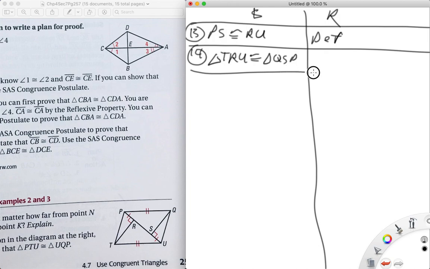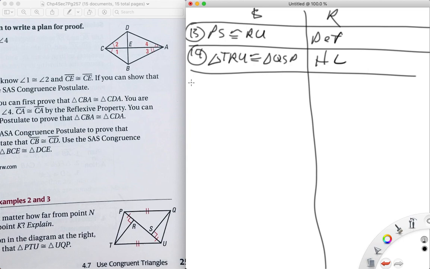And I can say that because of hypotenuse leg. This is 90 degrees, we proved that. This is 90 degrees, we proved that. This guy is congruent to this guy, so that's the leg. And then remember, the hypotenuse is always opposite of the 90 degrees. So I can say that they're congruent. Okay.